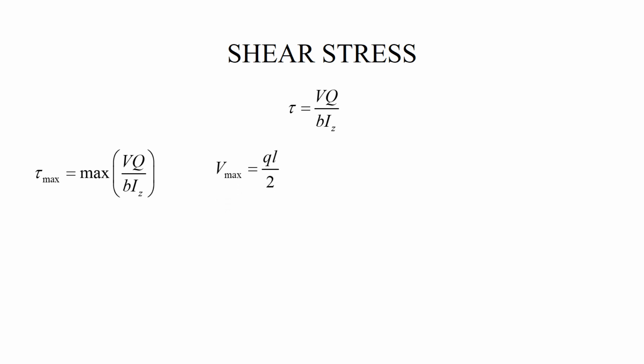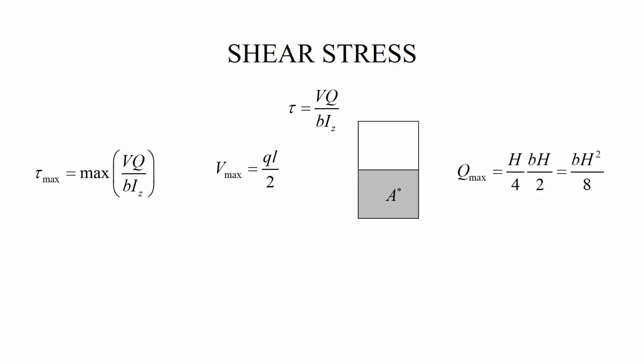And to calculate this maximum shear stress, we take QL over 2 from the shear force diagram, and then we calculate the maximum Q. It corresponds to A star, which is equal to exactly 1/2 of the cross section.